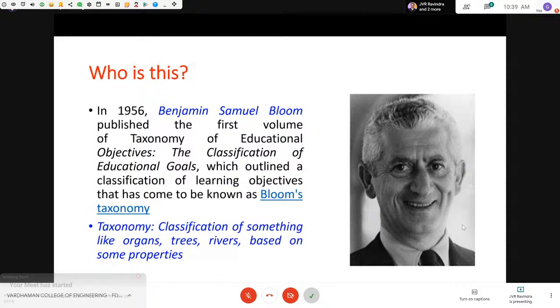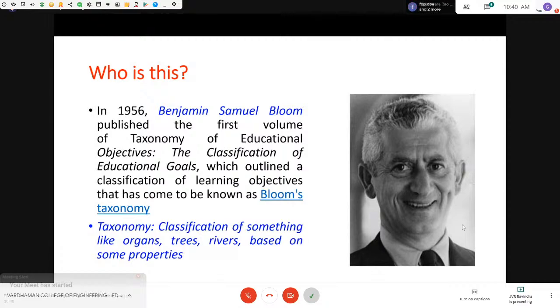Day before yesterday, one professor from our department spoke about course outcomes, and today I'll be talking about learning outcomes. There is something called learning objectives and learning outcomes. He's the one who introduced the concept of taxonomy in educational objectives, so that's what we call Bloom's taxonomy.